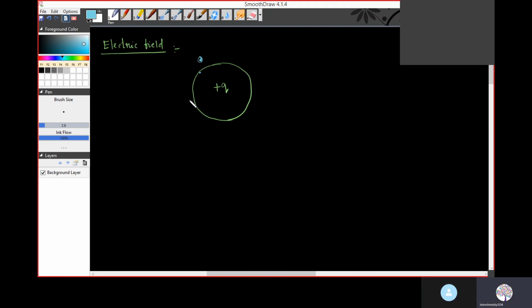Electric field: the space around the charge where its influence is felt.